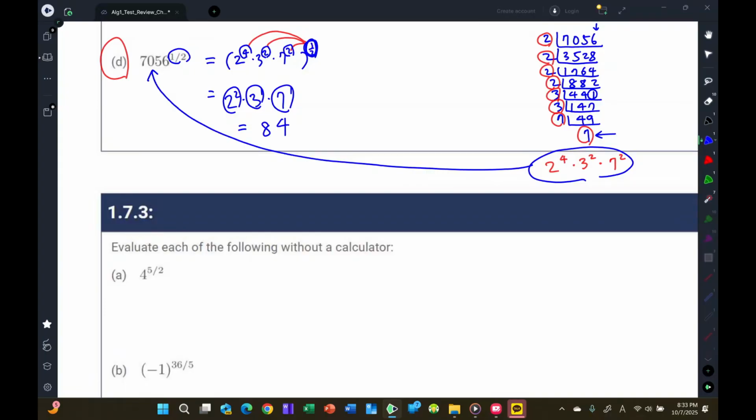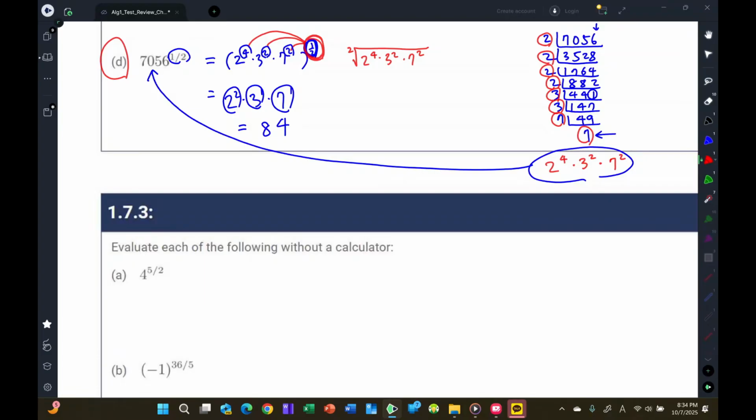What's the other way to do it? Since we know that 1/2 power is the same thing as what? Square root, right? We can rewrite this as square root of 2 to the 4th, 3 squared, and 7 squared. And since this is square root, if you don't see any number, it's square root, right? Who can come out of the square root prison?